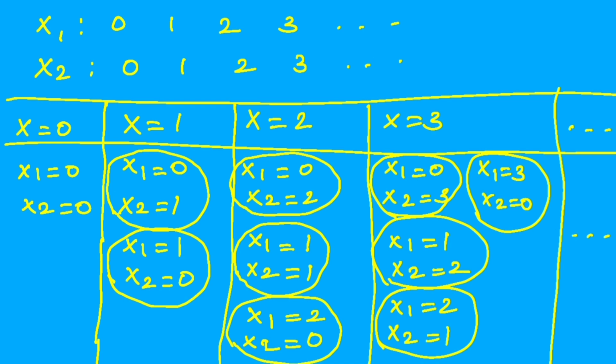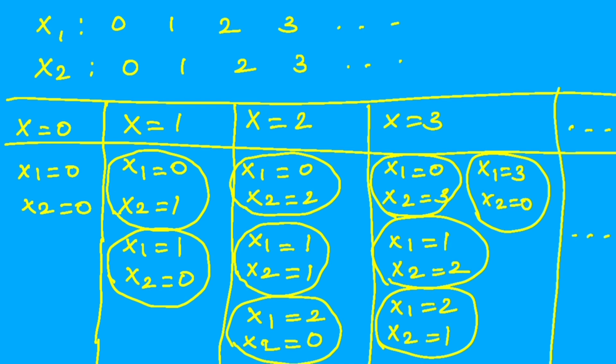Capital X equal to 0 is just directly adding x1 and x2 values 0. But capital X equal to 1 means there are two ways: x1 is 0 and x2 is 1, or another way is x1 equal to 1 and x2 equal to 0.